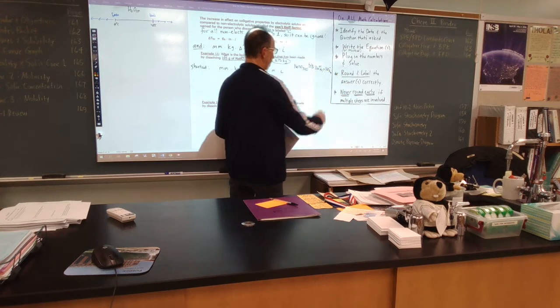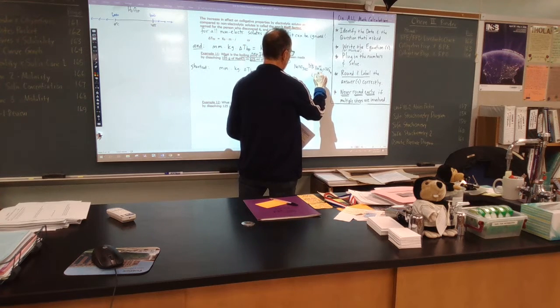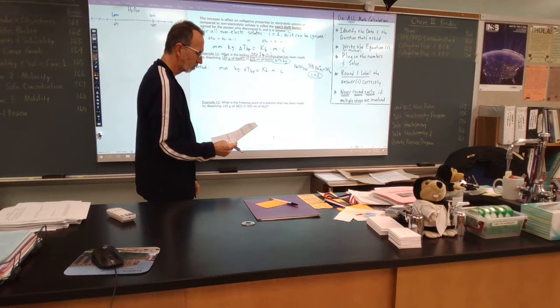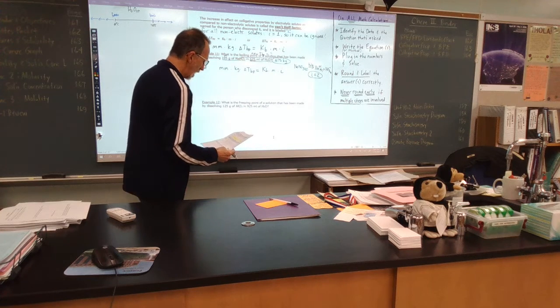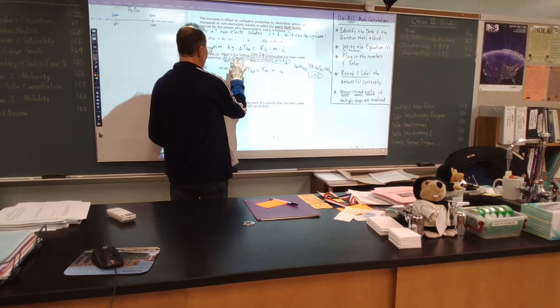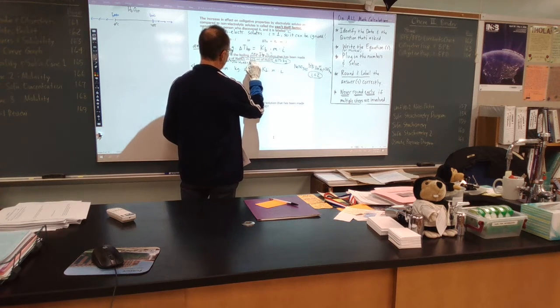Both, of course, of those are aqueous, and so i is equal to 2 for this particular solute. All right. The other thing we would need to know is the molar mass of our solute, NaNO3, which would be 23, 14, and 48, which would be 85 grams per mole.